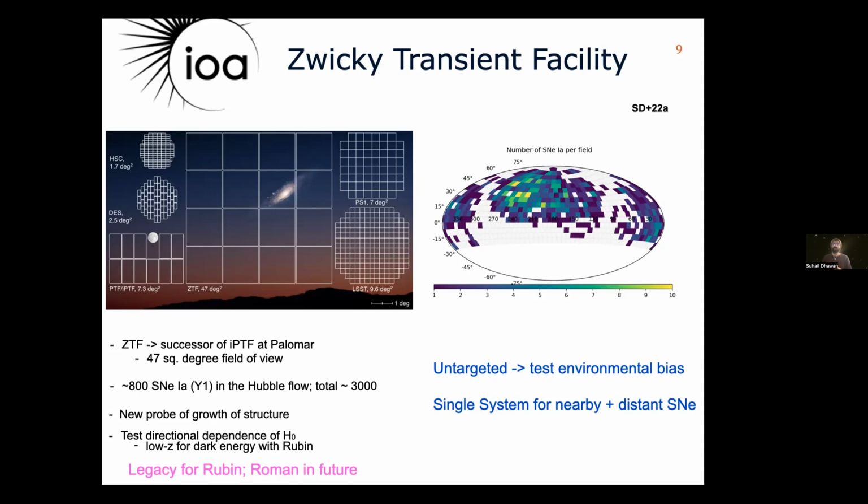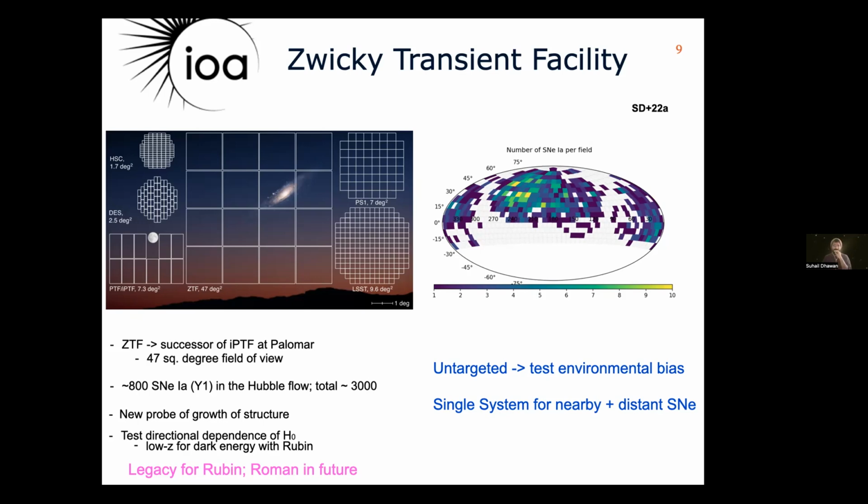But it's also interesting that beyond just H0 assuming isotropy, this kind of data set is important in order to constrain growth of structure, so like F sigma 8, and can also test the directional dependence of H0. So like, is H0 in a particular solid angle different from that in another solid angle? And this is very important when testing isotropy. It's a fundamental part of the standard model.